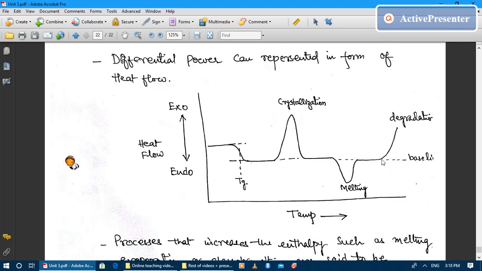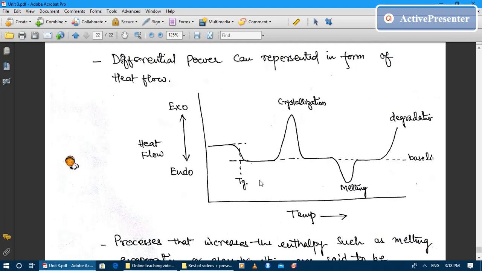If we start cooling after the melting, then we will observe a crystallization peak near the crystallization temperature, and crystallization is exothermic. That's why the direction of the peak is in the exothermic direction, on the upward side, and the temperature just below the exothermic peak is known as the peak crystallization temperature.